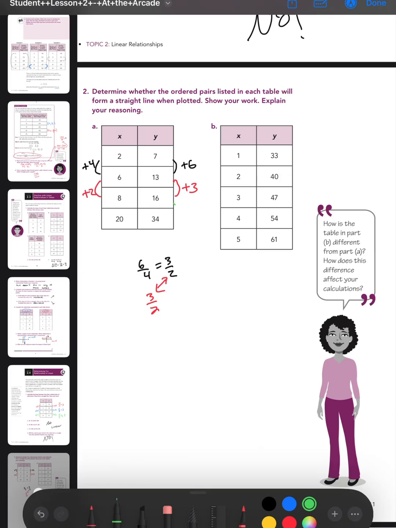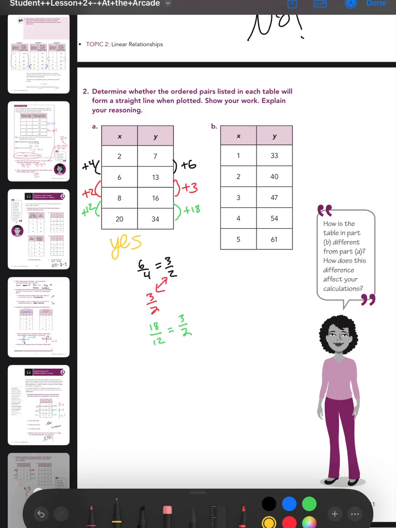And then if we try the last one, 16 to 34 is, let's see, 34 minus 16, up 18. And 8 to 20 is up 12. And 18 divided by 12, when we reduce that, is going to give us 3 over 2. So this one, I'll write it in yellow, yes, this is a linear relationship.